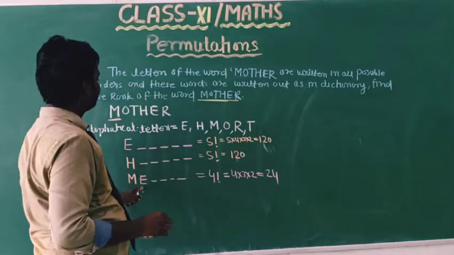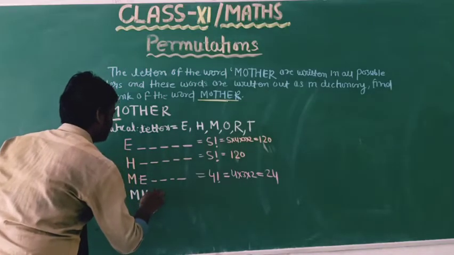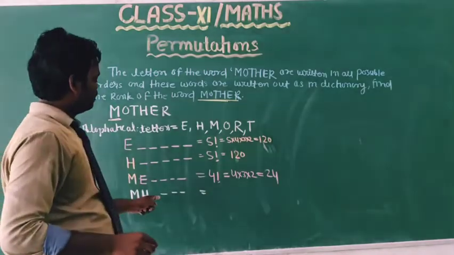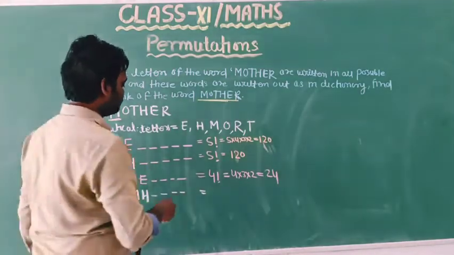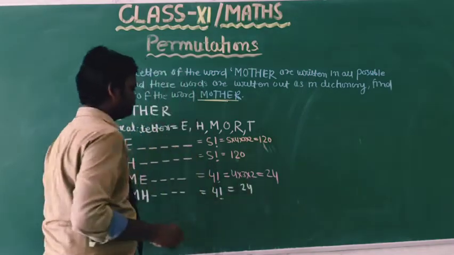And after M E comes M H, and again 4 letters are arranged in 4 factorial ways, which is equal to 24.